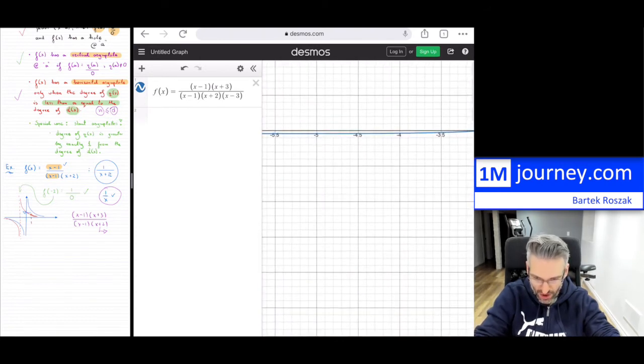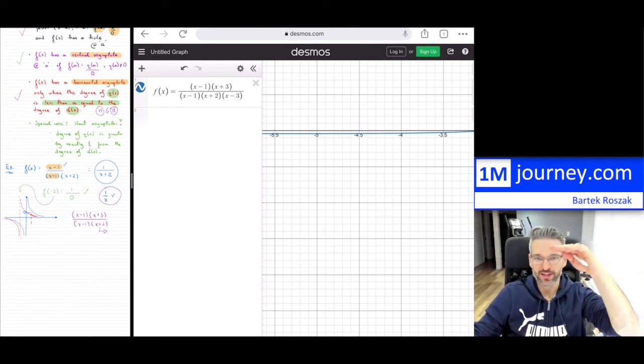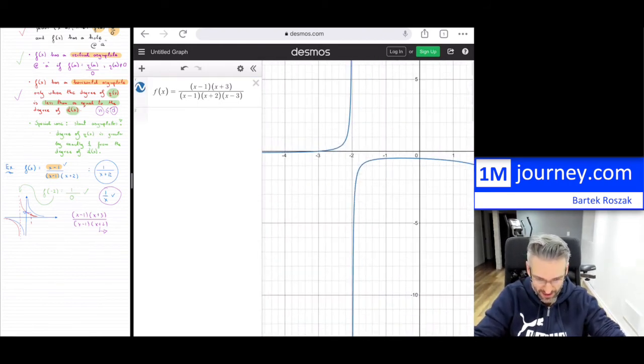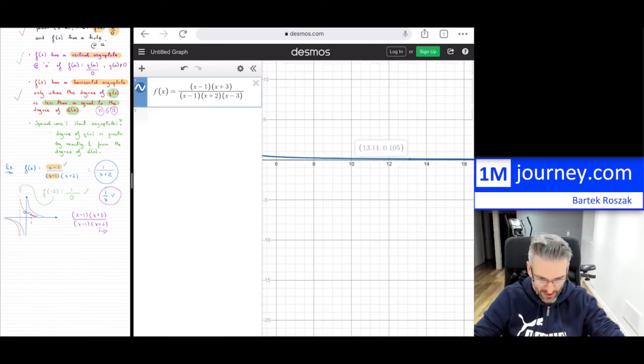So we have a horizontal asymptote there. It's kind of skewed down and looks like it's a little bit below. So it's on that side, and then if I go back over here, notice that it basically just tends towards 0.